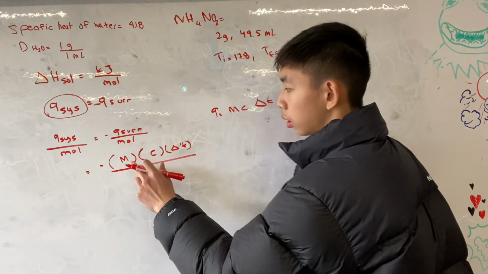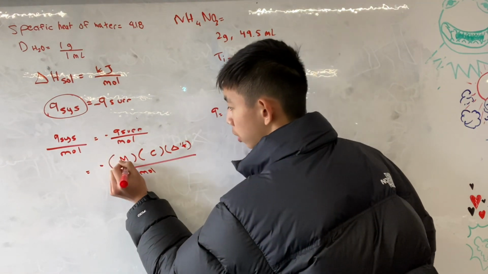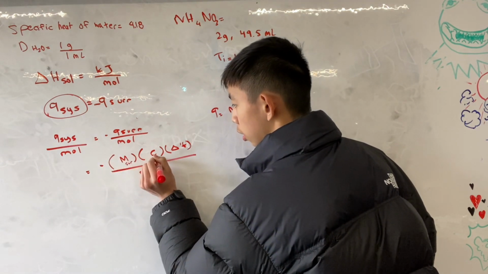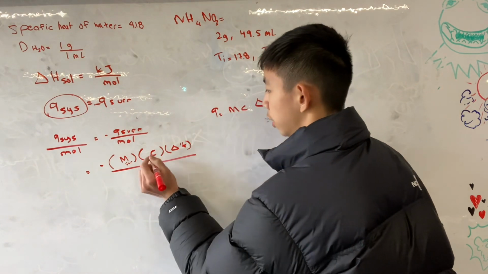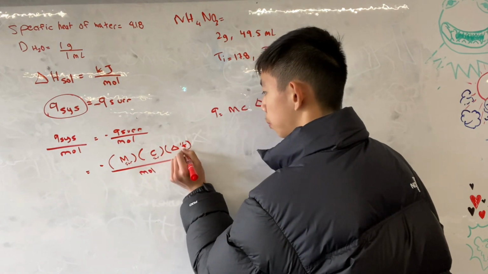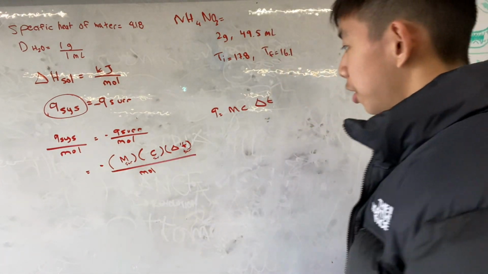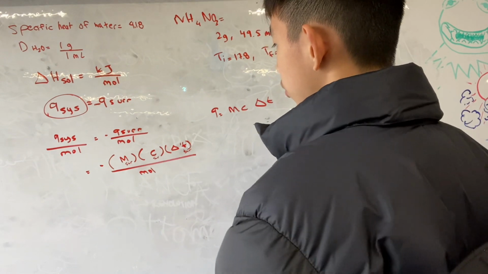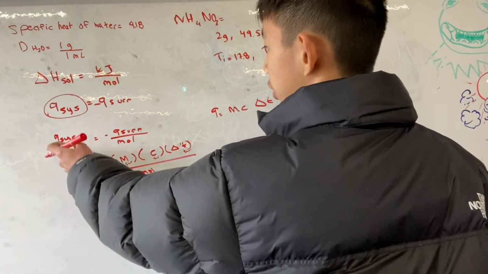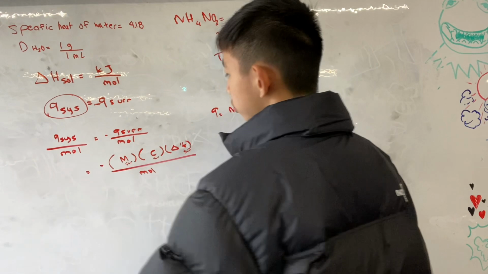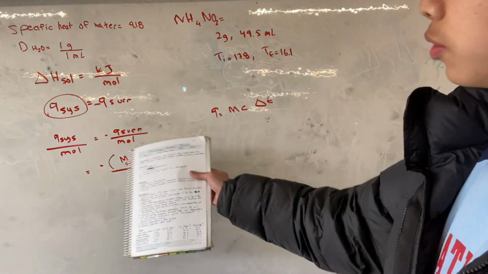But it's gonna be the mass of the surroundings, the specific heat of the surroundings, and the temperature change of the surroundings. Right? So you're gonna focus on surroundings to find the Q system over mole. And so you have all these variables, right?